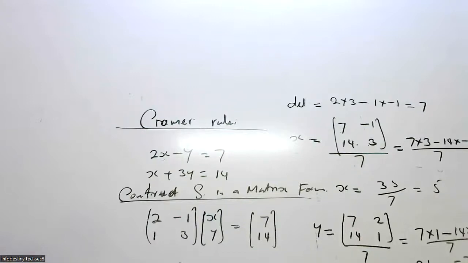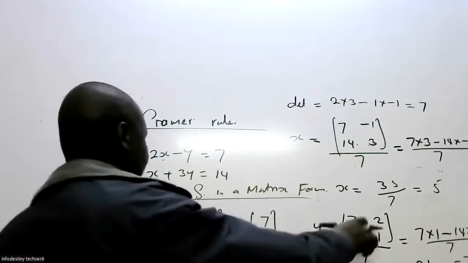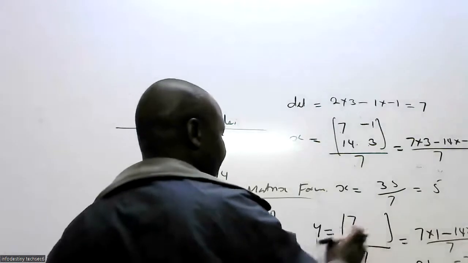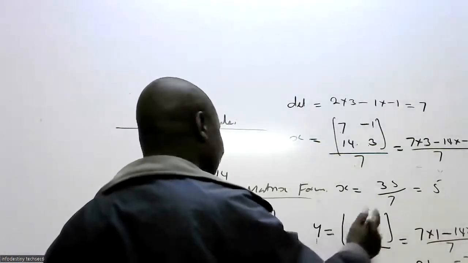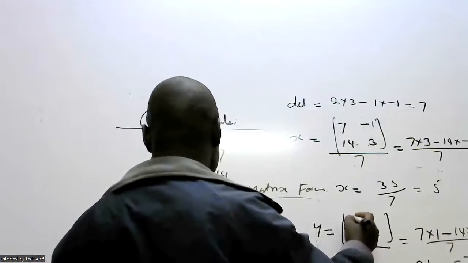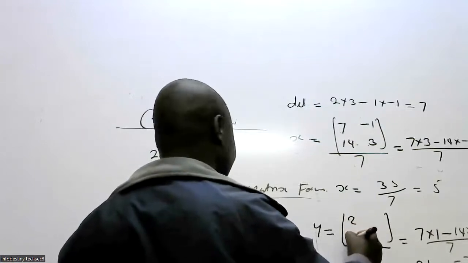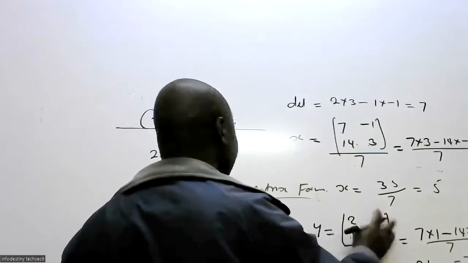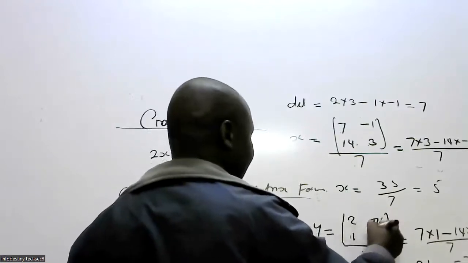Here, when you are replacing 7, 14, are you not supposed to keep 2, 1 in the front? Oh, we made a change because it's y. It's supposed to be 2, 1, then 14, 7, 7, and then 14.